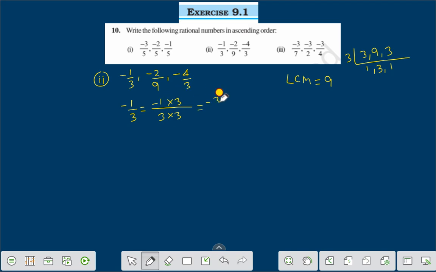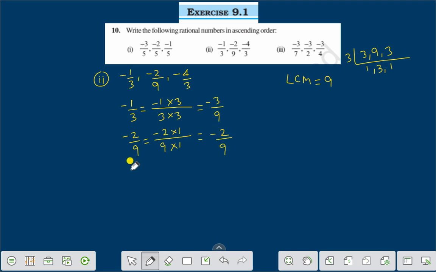And this one is minus 2 by 9. Here in this case, you have to divide 9 by 9, that is 1. That means you have to multiply 9 into 1 and minus 2 into 1. That is you are getting minus 2 by 9.